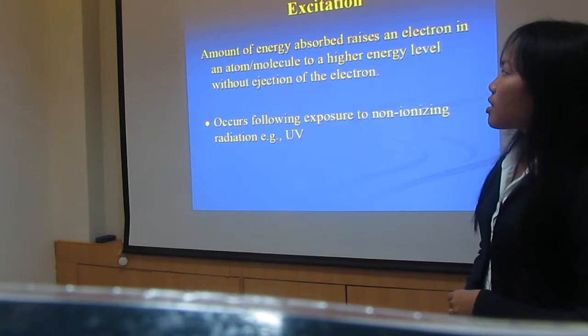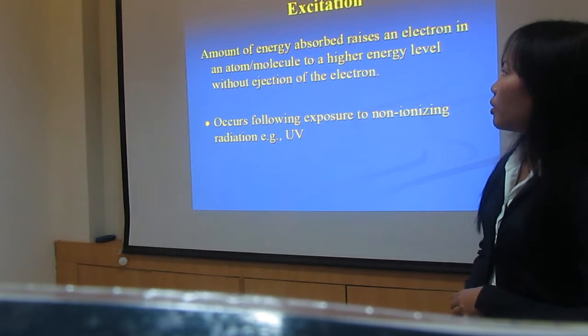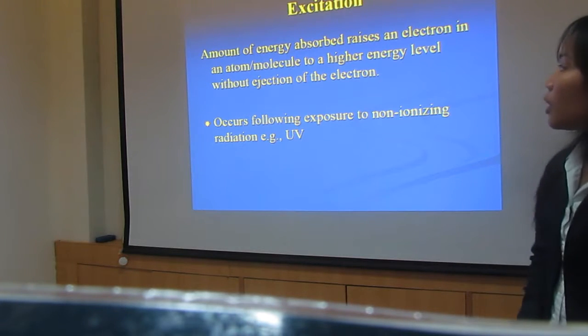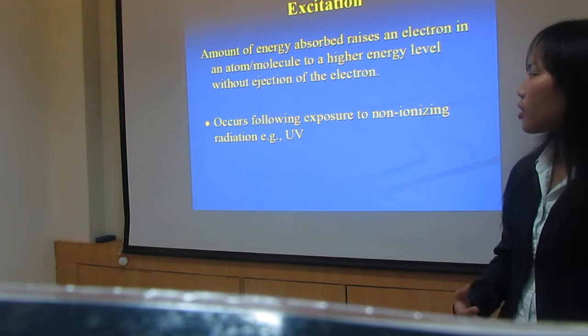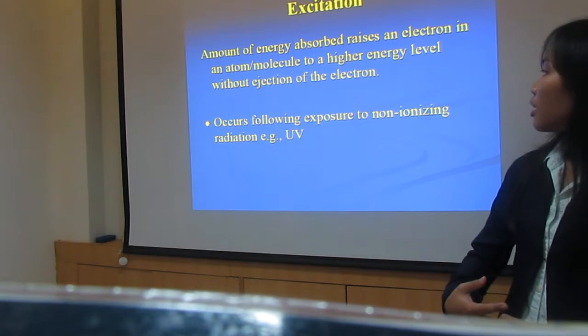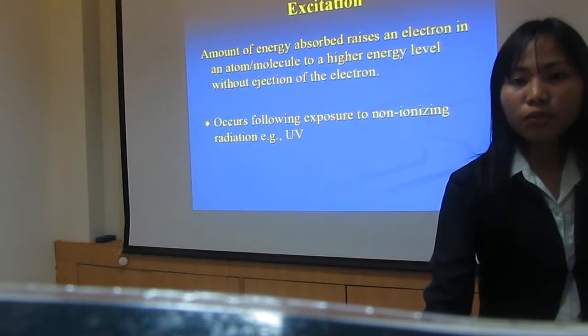Excitation is when the amount of energy absorbed raises an electron in an atom or molecule to a higher energy level without ejection of the electron. An example of radiation causing excitation is UV rays.